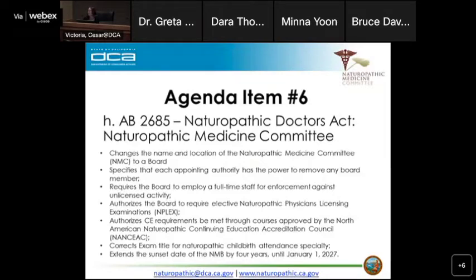So it's definitely up to you. I can reach out to both the Assembly and Senate if you guys are not okay with the California Board of Naturopathic Medicine, but that's something you guys would need to agree upon.